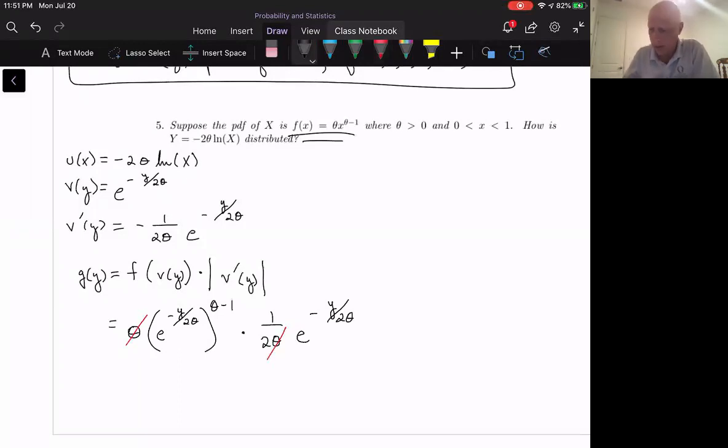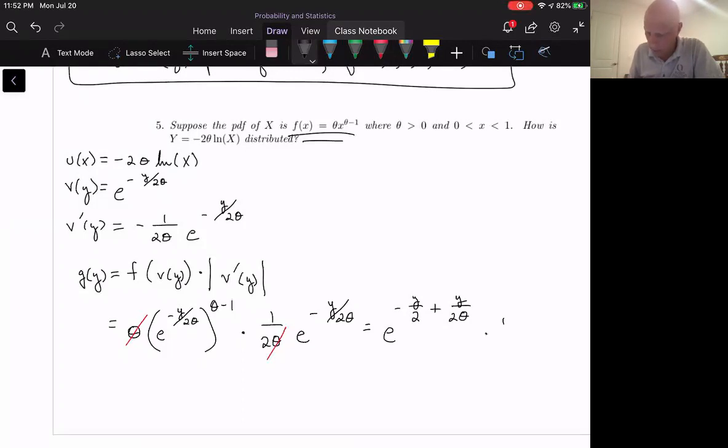I know that's often something that isn't recalled or you may be uncertain of. So this is e to the negative y over 2, multiplying y over 2 theta by theta minus 1. When you multiply by theta, the theta cancels out, and when you multiply by negative 1, you get plus y over 2 theta. And all of that's inside the power of the first exponential term.